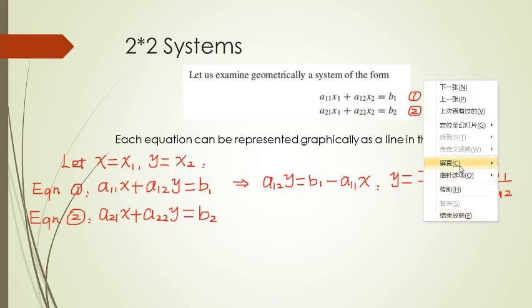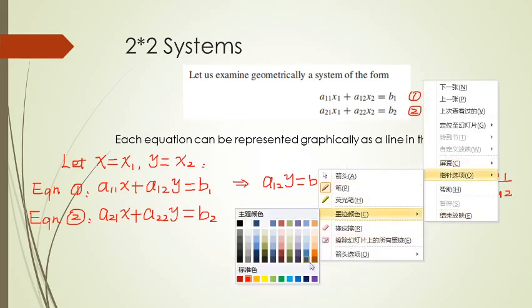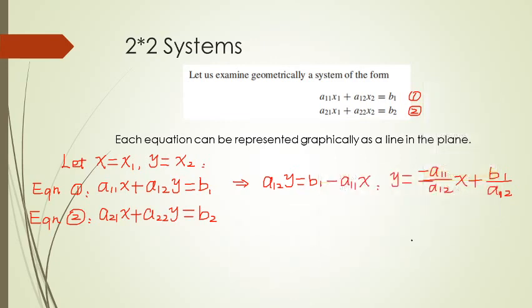Actually, Aij and Bi's, they are all real numbers. So here, minus A11 over A12, that is a number. B1 over A12, it's also a number.